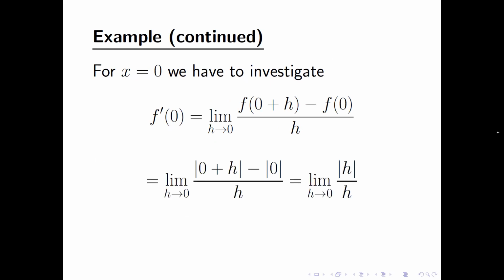And one will see that when x is 0, we just go straight away and substitute in the absolute value. Where there is x, we just put 0. So here the absolute value of 0 is just 0. And here we are left with the absolute value of h, so the absolute value of h over h.